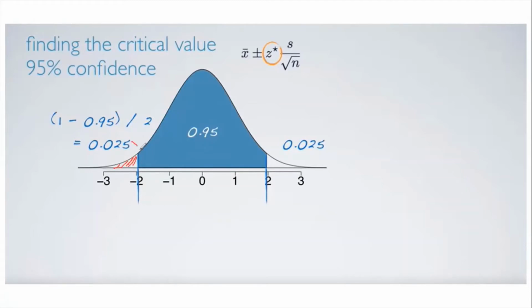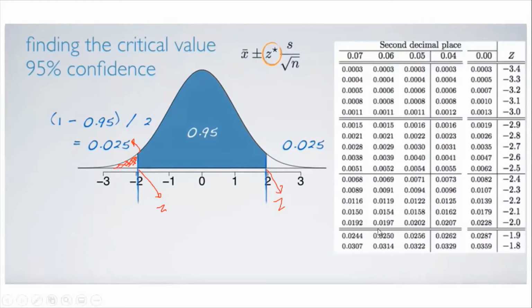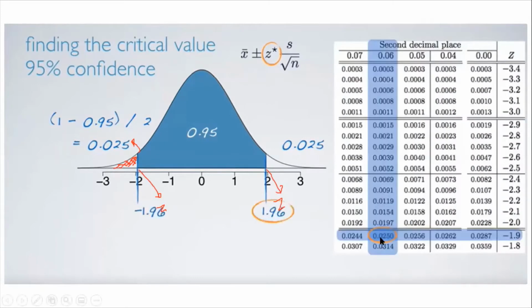So we get this number, which corresponds to the area. This is the probability for this portion, and then we need to find this exact value, and this value here is the same. So we have 2.5%. We look at the Z distribution. 2.5% is around here.